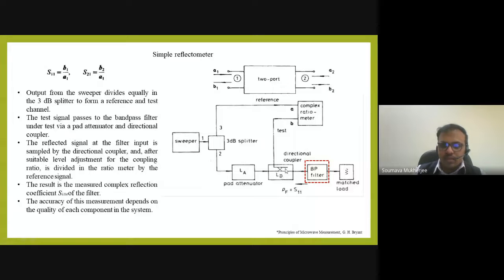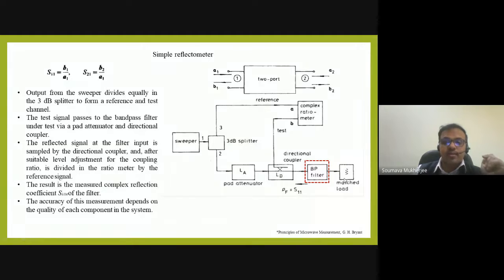So by means of this directional coupler, we are ensuring that the original path is not disturbed. Only if we know the coupling of the directional coupler, the C value, then we know how much less signal is going here, so that we can add up here, right? And then make the ratio. So we will get the actual S11 by this method.